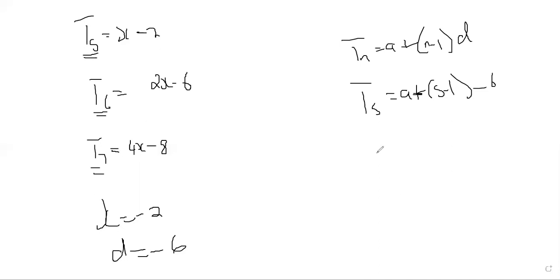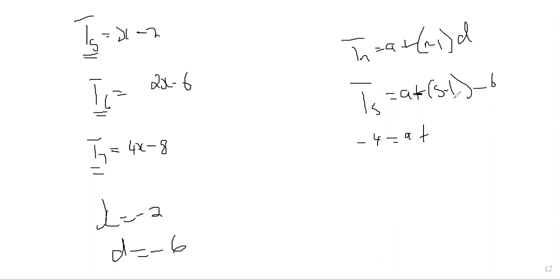So term 5, which we said will be negative 4, right? So let's just write it down that it's negative 4. It's equal to a plus 5 minus 1, that will be 4, right? So 4 multiplied by negative 6, that will give you 24.